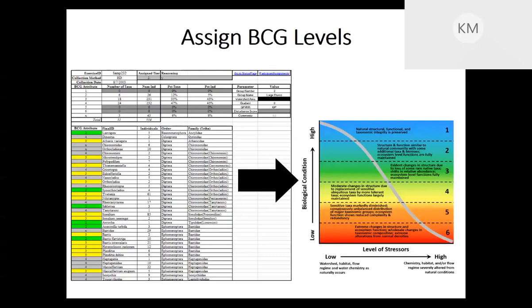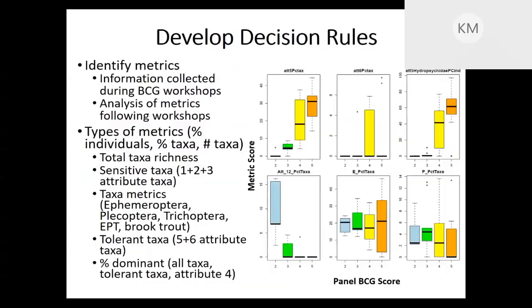And basically, for each of those stream types, we're shooting for 30 or more samples across a range of stress, so that we can, as much as we can for that stream type, fill out that biological condition gradient. In the process of going through that exercise, we're trying to elicit information from the panelists as to why they're making decisions for why a sample is say a BCG2 versus a BCG3.